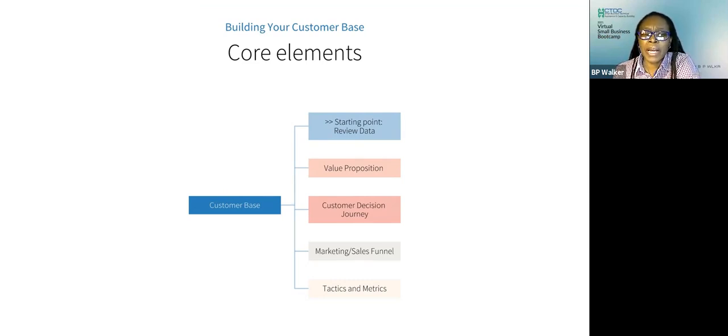We're going to talk about how you review your data, how you look at your value proposition, especially in regards to your customer segment. We're going to talk about customer decision journey and mapping, and then layer that on top of your marketing sales funnel. From those steps, you'll develop whatever tactics and metrics you need to move forward. Okay.